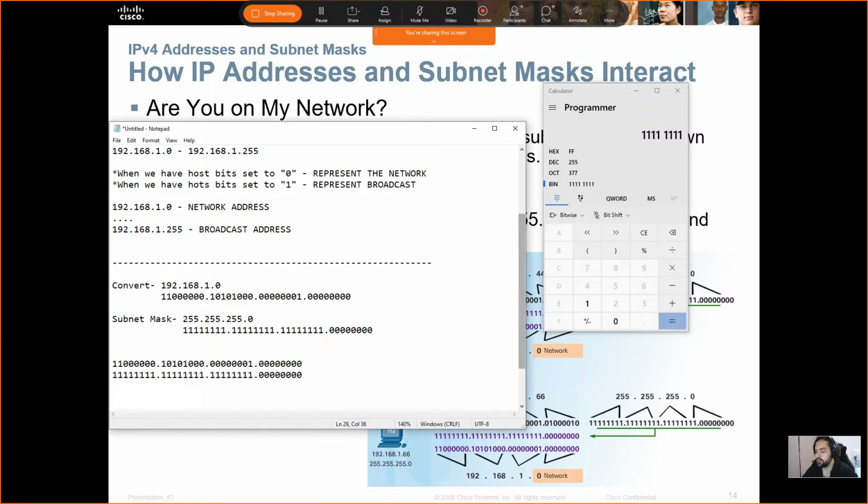So what we do is a math operation. Which operation do we do here? Does anyone know which operation we do here to determine the network bits? We do an ANDing operation. So we're basically doing an AND operation here.